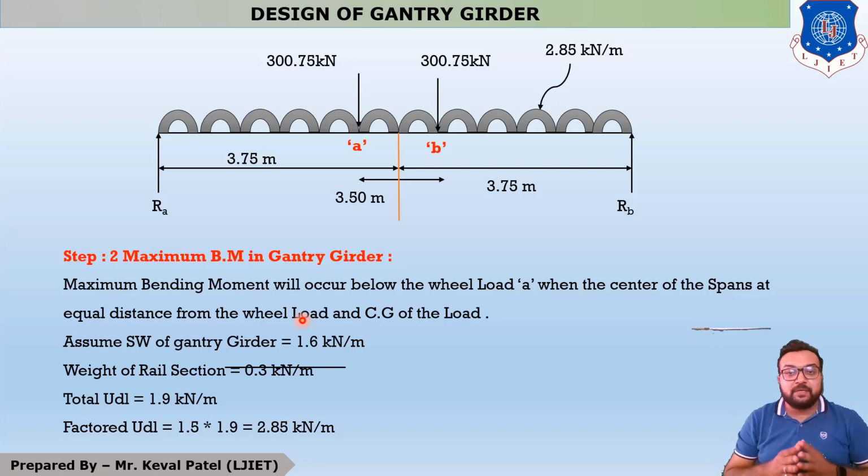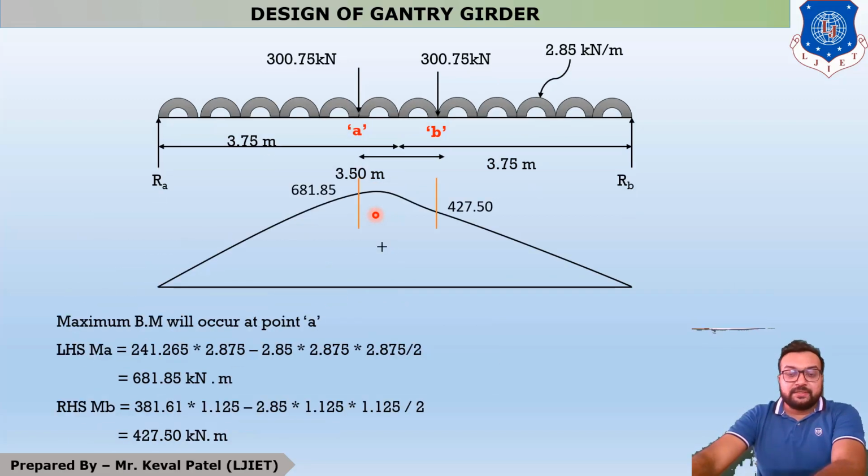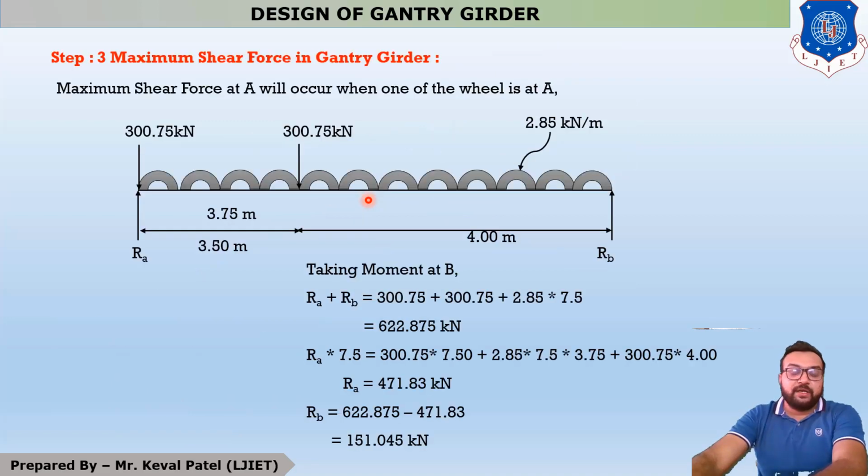Now, what is capital B by 4? Capital B means the width of the wheelbase, which is given as 3.5 meter in the question. So our maximum bending moment generated on the gantry girder is 681.85 kilonewton meter.